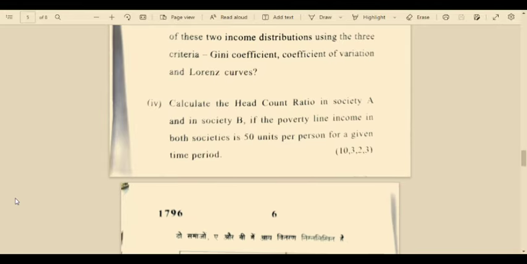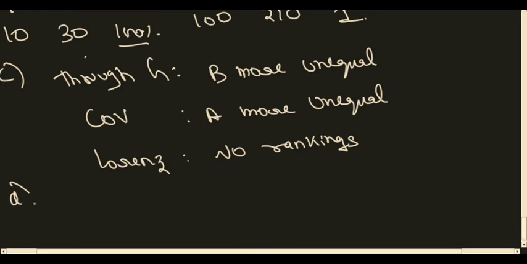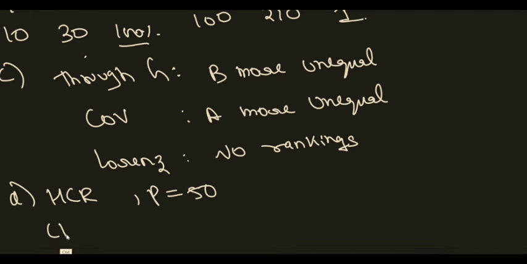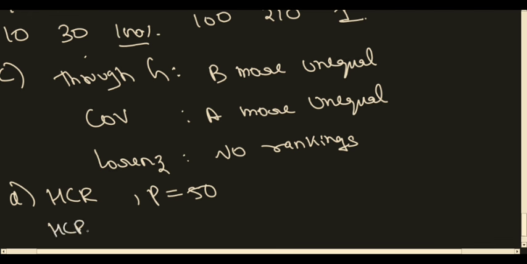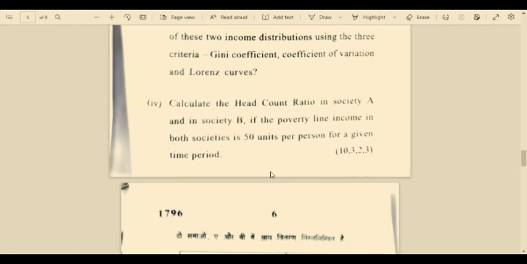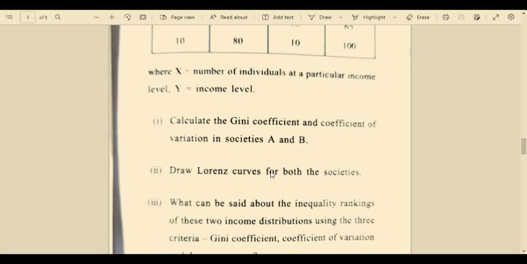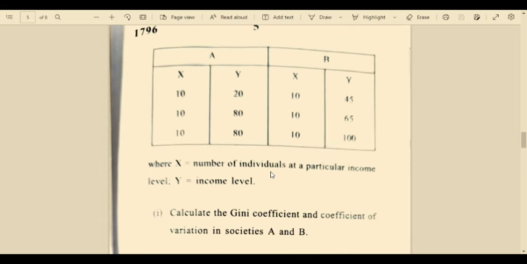Calculate headcount ratio. Now part D, HCR when poverty line is 50. So let us say for HCR A, we have how many people are below the poverty line of 50 units. That is only 10 people.